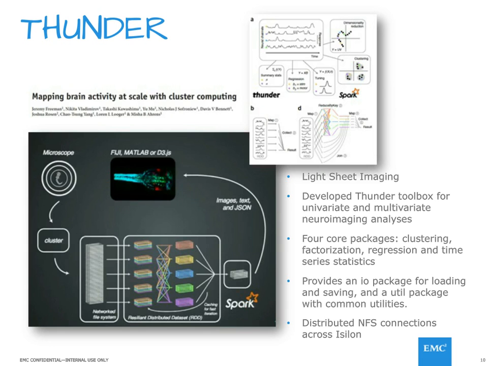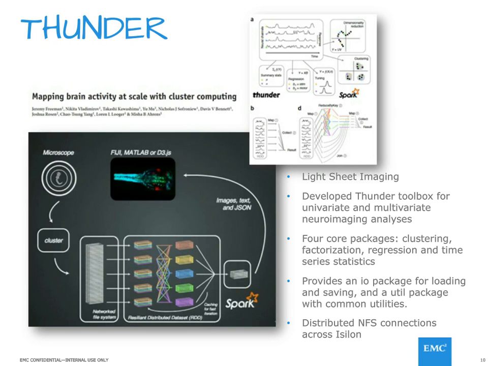and that now brings us to some of the example cases or use cases of what other groups are doing. And so if you look at the world of microscopy, there's a whole new application area called light sheet imaging. And out of the Howard Hughes Medical Institute, actually out of the Janelia Farm campus, that team there developed a toolbox called Thunder.